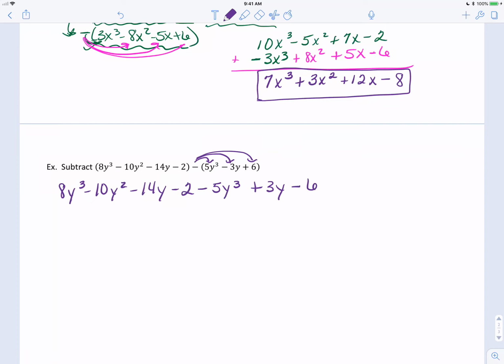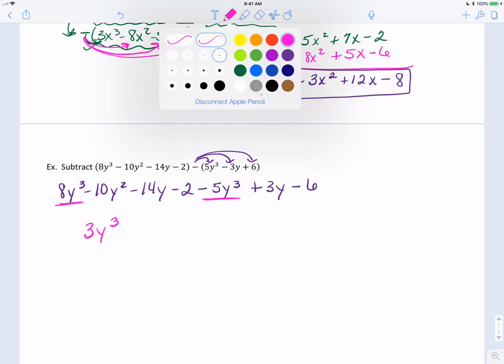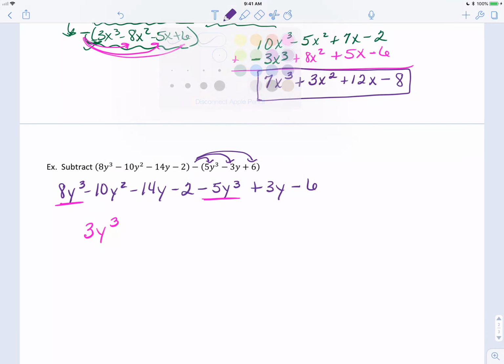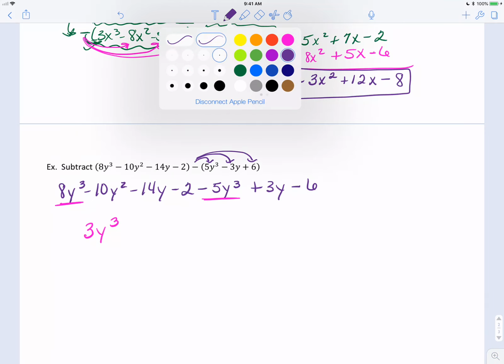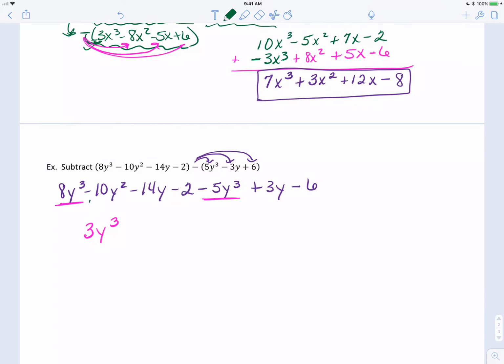All right, so now let's find our like terms. 8y cubed and a negative 5y cubed, sorry, that's 3y cubes. We have negative 10y squared, and we don't have any others, so we're just going to put negative 10y squared.